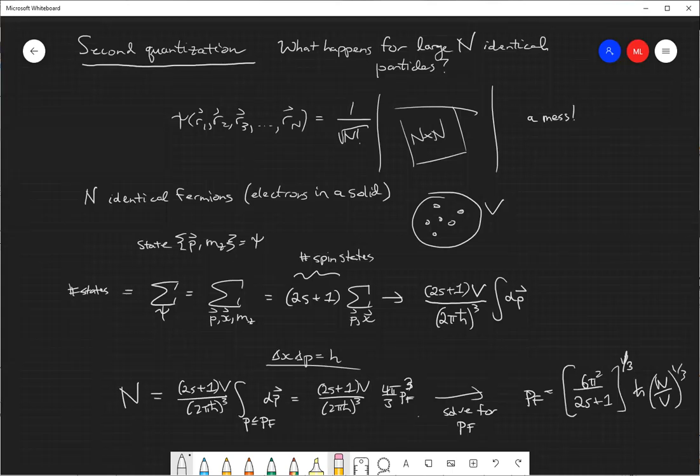Why am I showing you this? Well, because it's interesting. The largest momentum of these particles is going to be proportional to the density of the particles raised to the 1/3 power. So it means that the denser you make the particles, the larger the kinetic energy is, right?